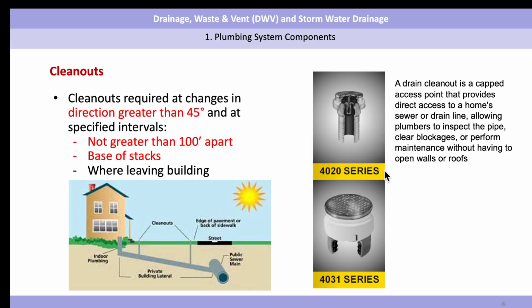And what is a clean out? We have to supply water to the building using a main pipe on the ground. To remove wastewater from the building, we also need a main sewer line, or we can say a private sewer main.